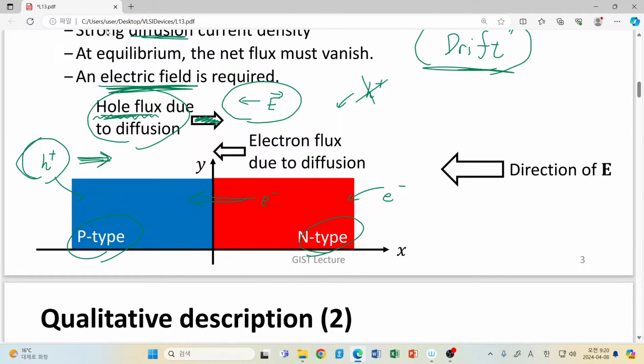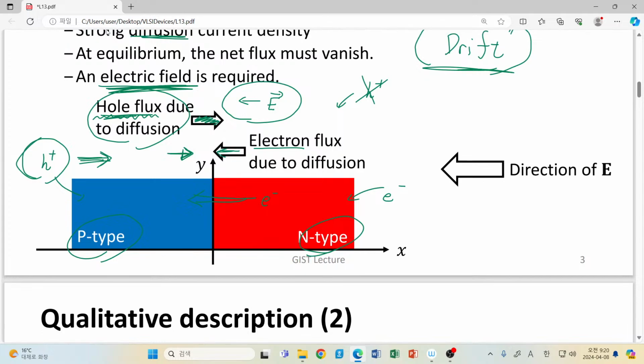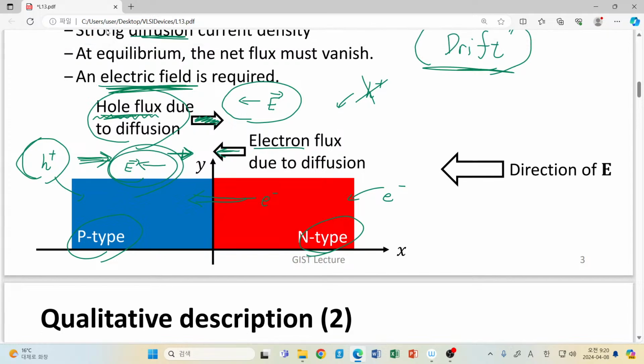In the case of our electrons, they try to move in this negative direction. So in order to push them back, we must push them toward the positive direction. Then how can we push them back to the positive x direction? The way is that our electric field should also be in this negative direction. Because electrons are negatively charged, if our electric field is headed in this negative x direction, then the force will be converted into the positive direction.